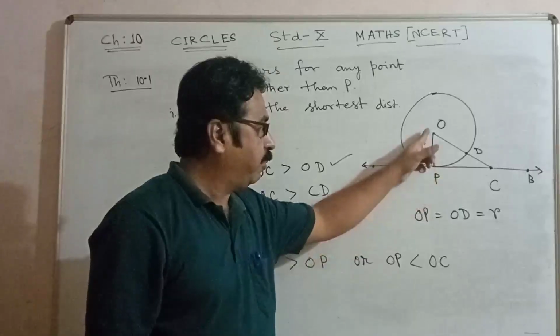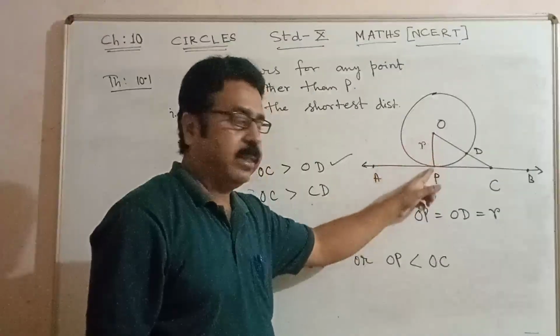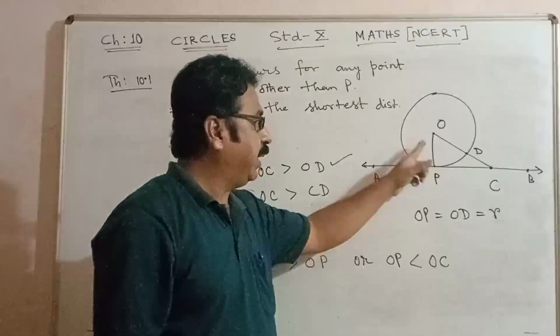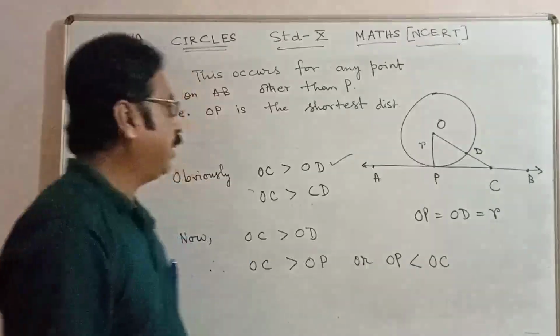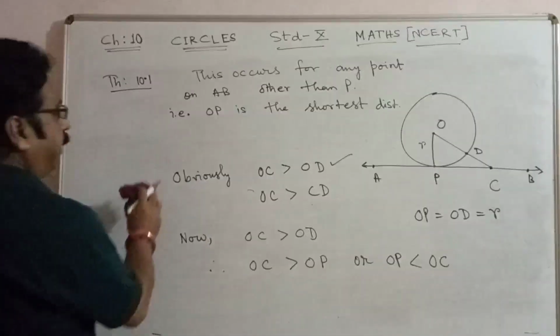This is the distance OP. This is shortest, meaning it will be perpendicular to AB.